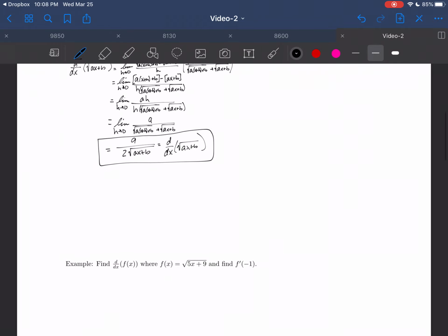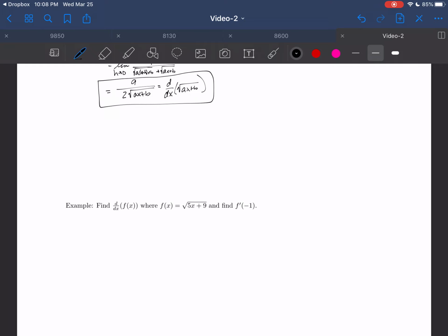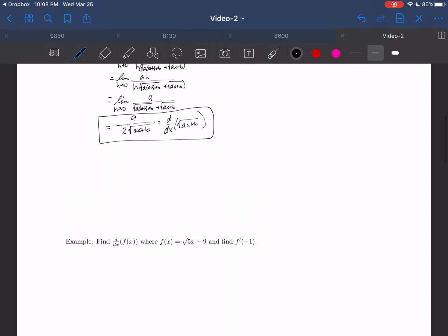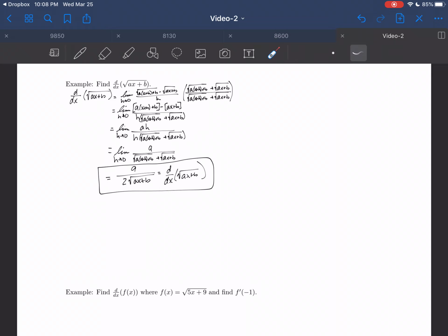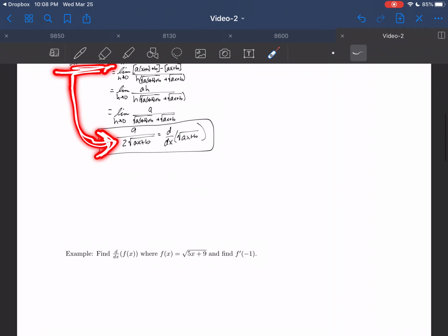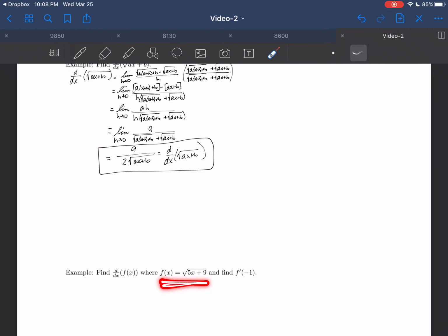of square root of ax plus b. Okay. Now, we can also take the derivative. Because we did this in a general form, we know that our derivative for whatever numbers are in here is going to be in this form. So if we do the derivative of square root of 5x plus 9, notice it's in the same form as we did up here with the ax plus b.